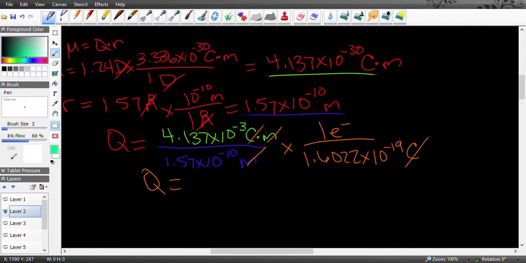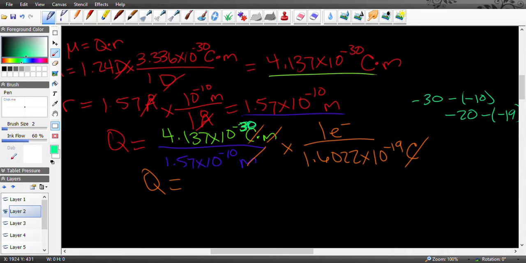that divided by that. That's 30, not 3. So negative 30 minus negative 10 is going to equal negative 20, and then negative 20 minus negative 19.